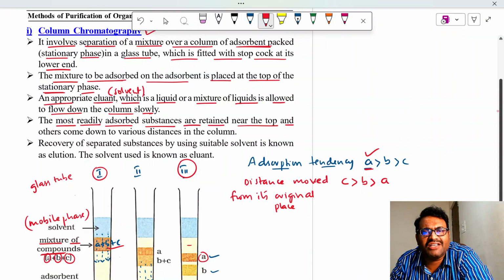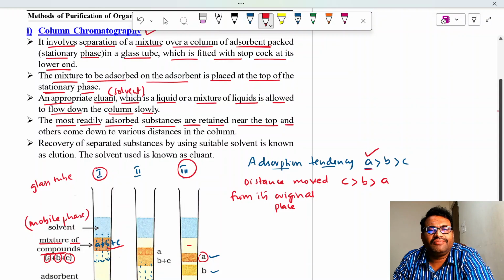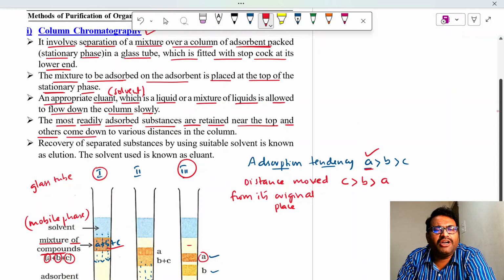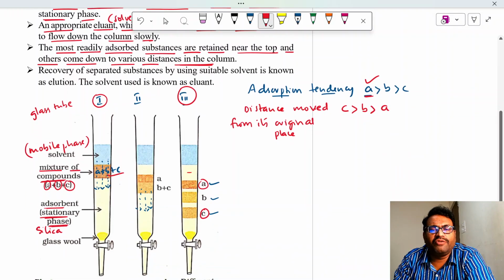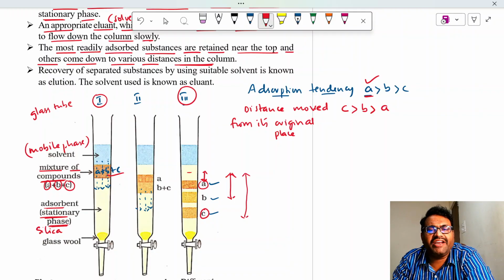Surface attachment is called what? Adsorption. And others come down to various distances in the column. So in this column, A is moving to a particular distance, B is moving to a particular distance, and C is moving to a particular distance. So they move to various distances.